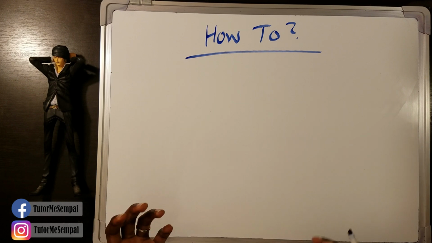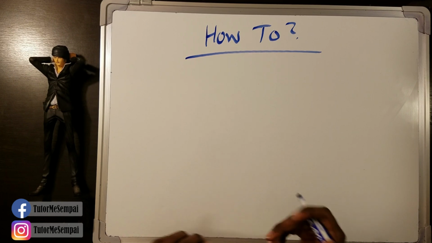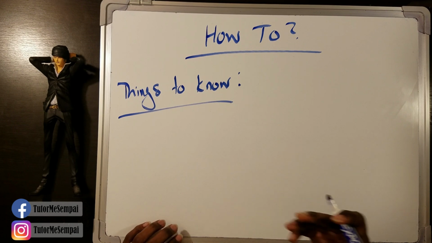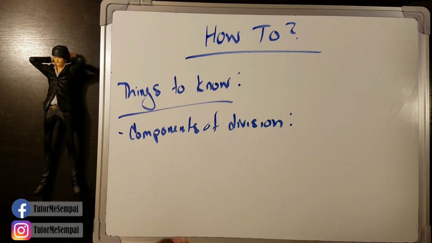So to start this video off, there are a few things you need to know before we get started with dividing decimals. The first thing is the components of your division. What do I mean by components of division? That's your divisor and your dividend.